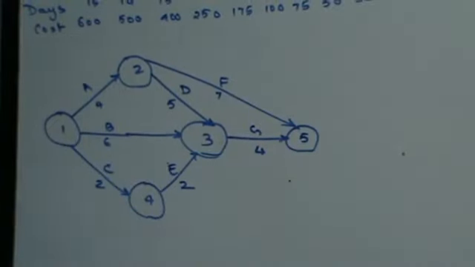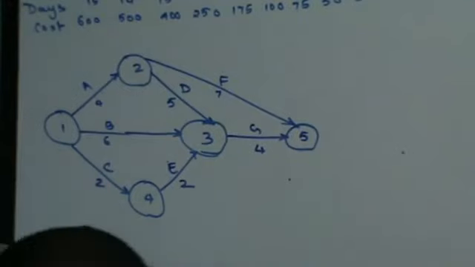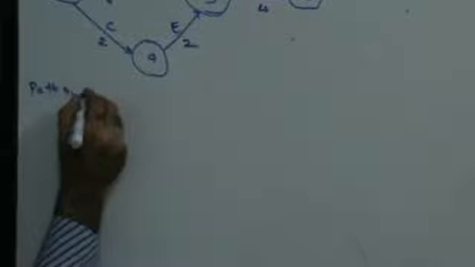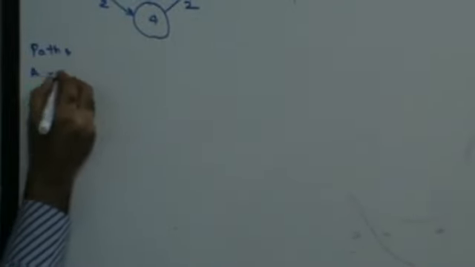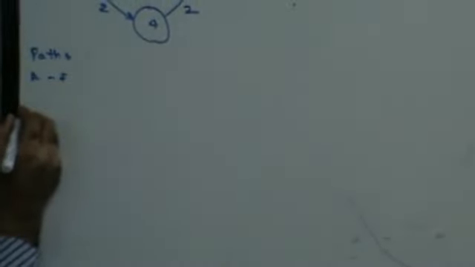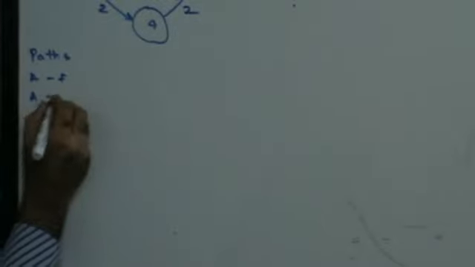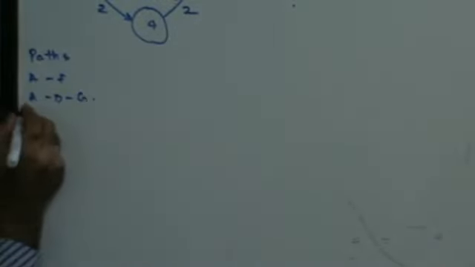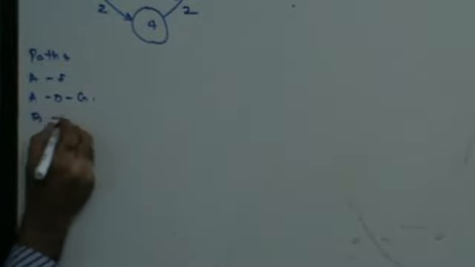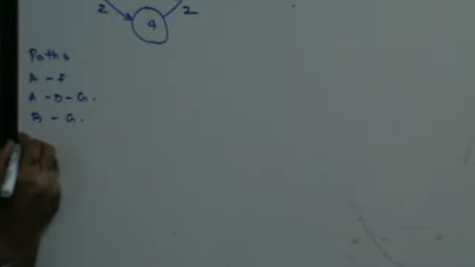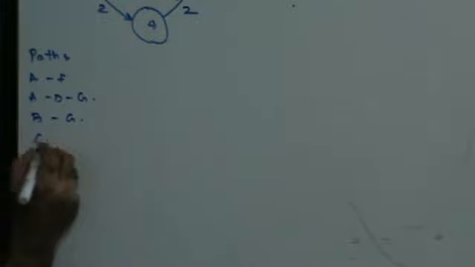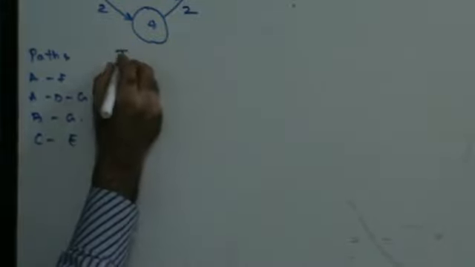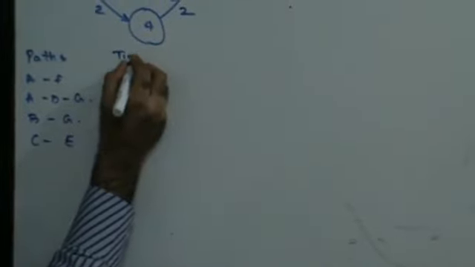Fine. Now let's see what are the various paths I have. The various paths you have are AF, then you have ADG, then you have BG, then you have CEG. So these are your various paths. Time or duration, right?